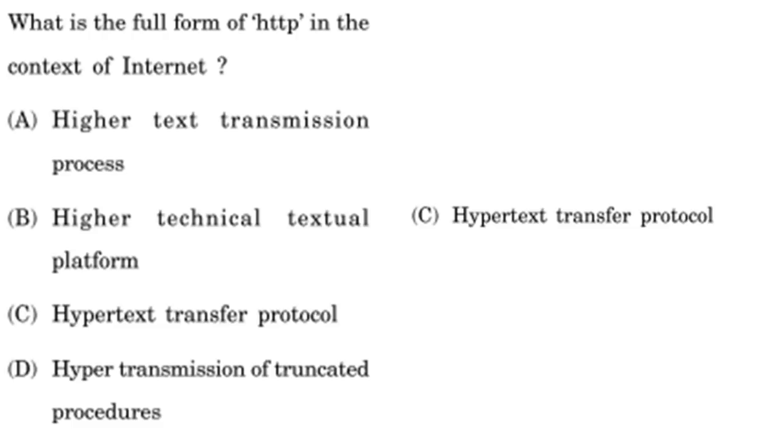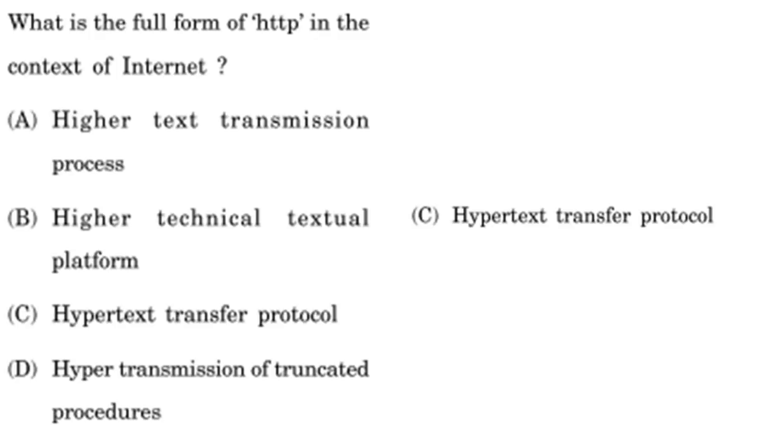Now the next question: the full form of HTTP in the context of the internet. They have asked us what the full form of HTTP is. Friends, please remember the full form of HTTP and www. World Wide Web is the full form of www.